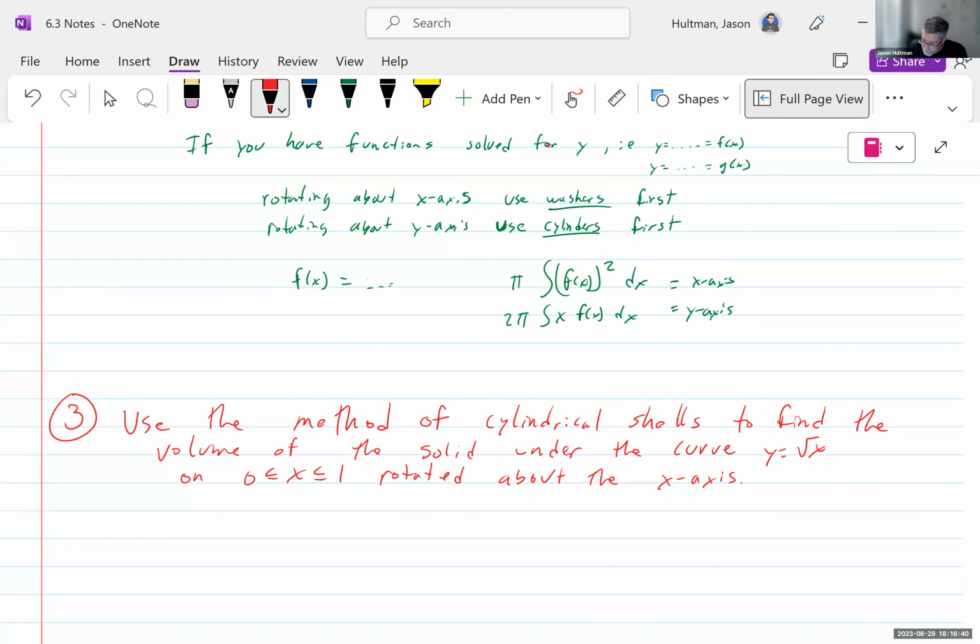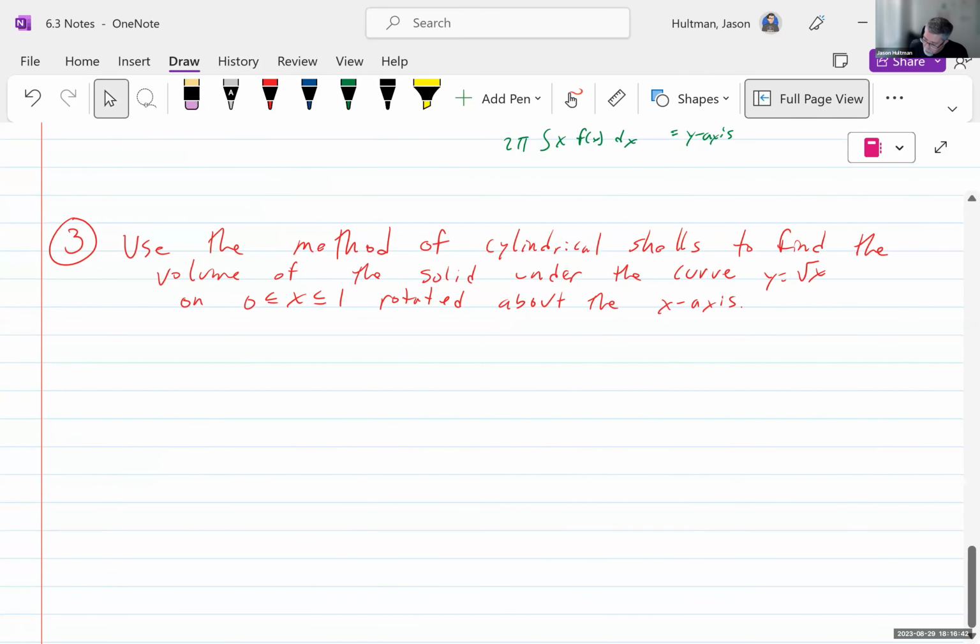Nice, nice, nice, yes. Okay, so it's x-axis. What would be the easier method? The washer method. Yeah, very good. It would be the washer method, because we would be able to square that square root and completely get rid of it. Okay.